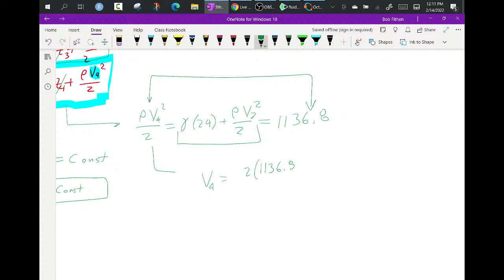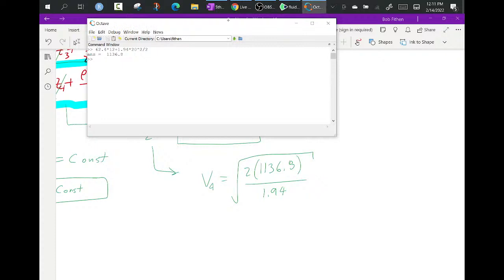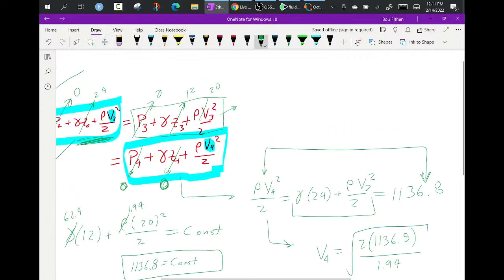I'm basically working between these two. Okay, so I've got 2 divided by rho, which is 1.94, and then I have to take the square root of it.